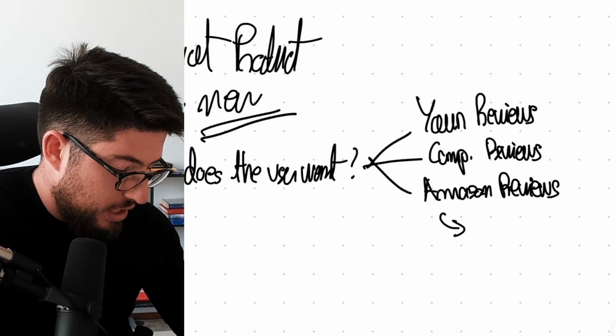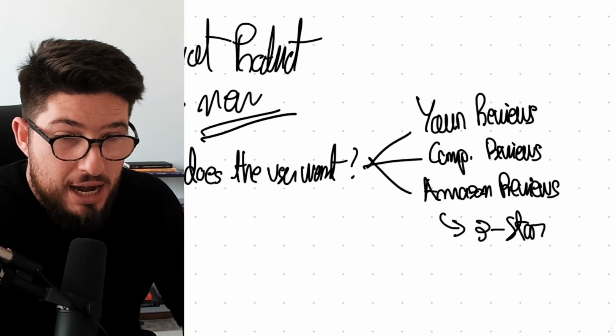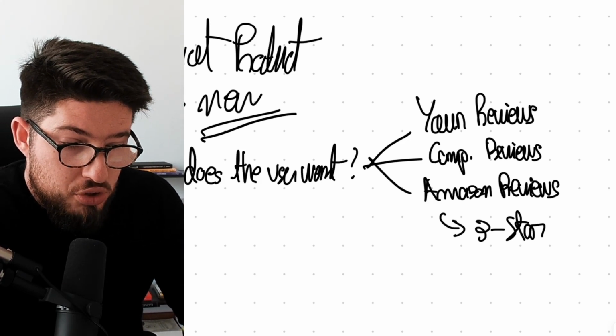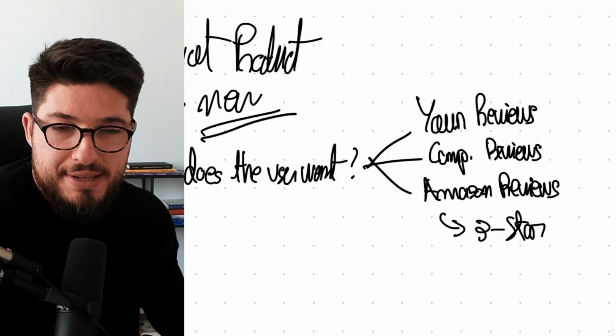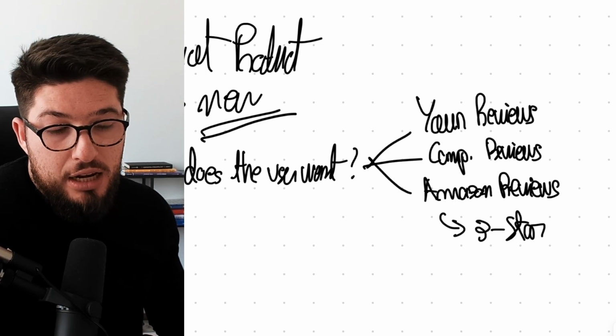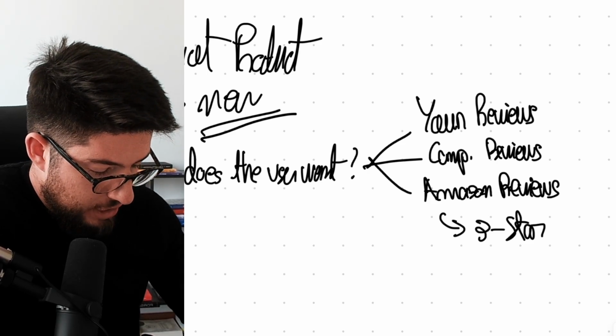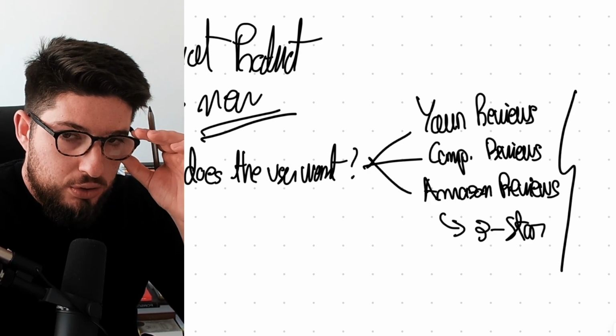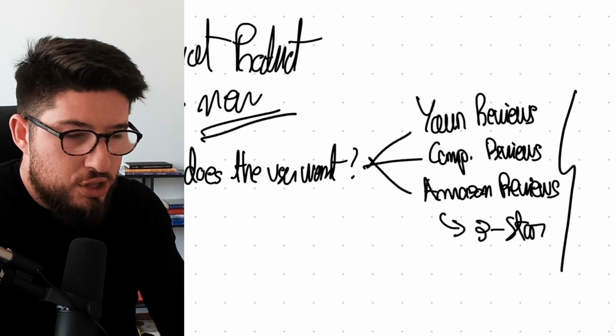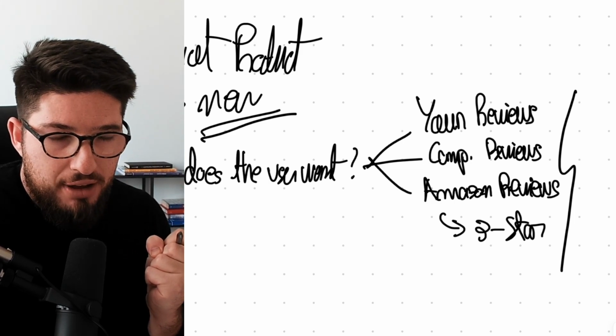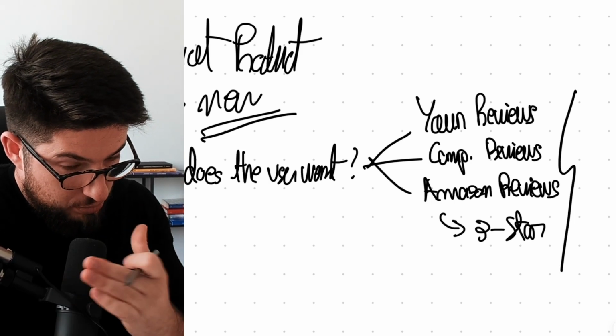What I like to check is the 3-star reviews, because these are people that are unhappy but not super unhappy. If you go to 5 stars, they will just say it's amazing, thank you. And if you go to 1 star, it's basically going to be haters. So check this, and this is going to give you a lot of angles. What do they care about? Try to gather that into a CSV file or a big document, and then move it into ChatGPT.